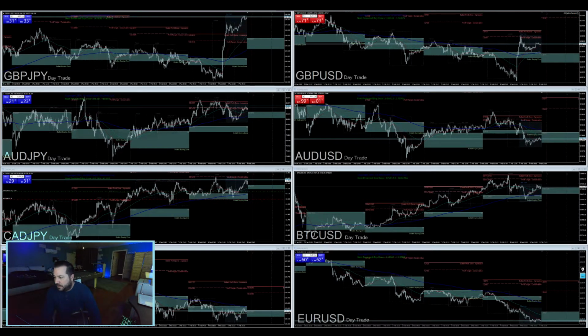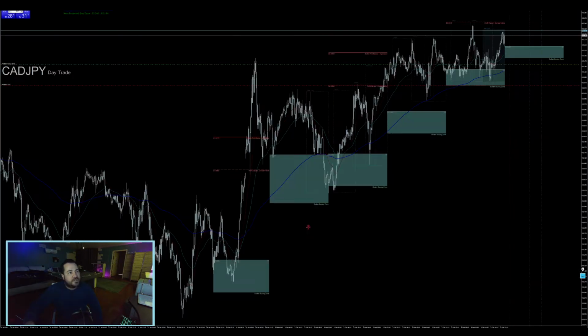Okay, so we are sitting at 2:56 p.m., about 4 minutes out from the New York close. Just taking a look here. The only thing I'm in right now is just a small little trade with the CAD yen. Bought it yesterday, right here.